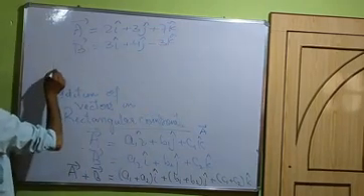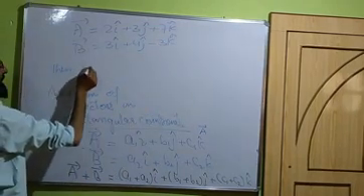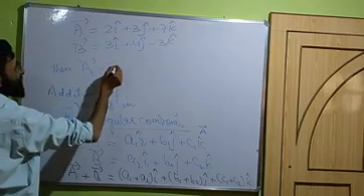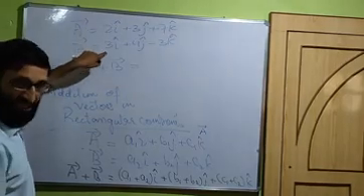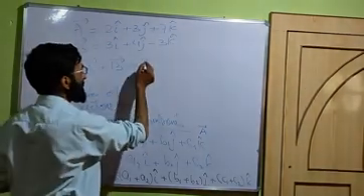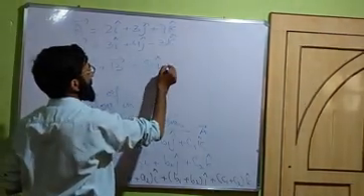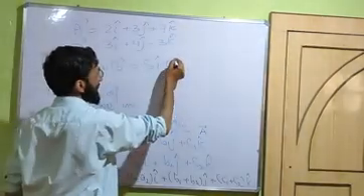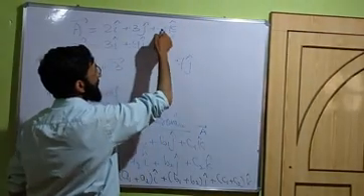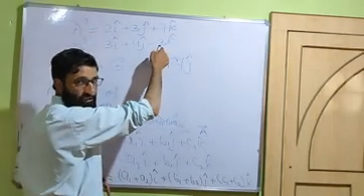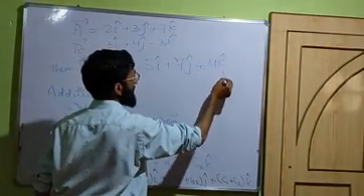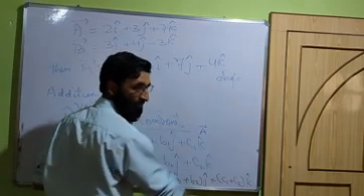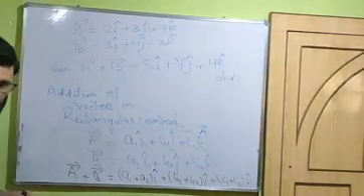Then we have to find A plus B. It will be simply equal to what? 2i plus 3i, that's 5i cap, plus 3j plus 4j, it will be 7j cap, plus 7 minus 3, it comes out to be 4k cap. Addition is very simple. Clear? Did you understand?